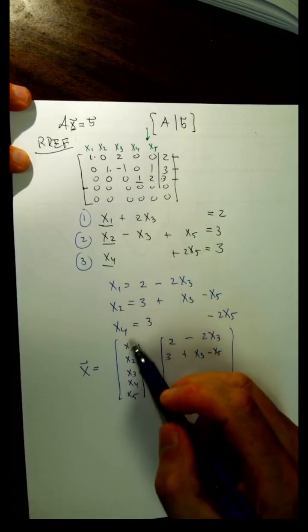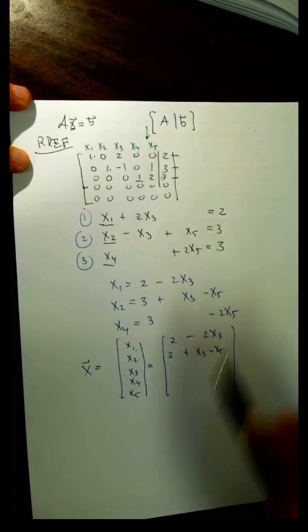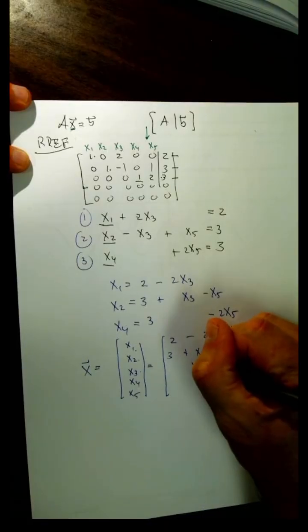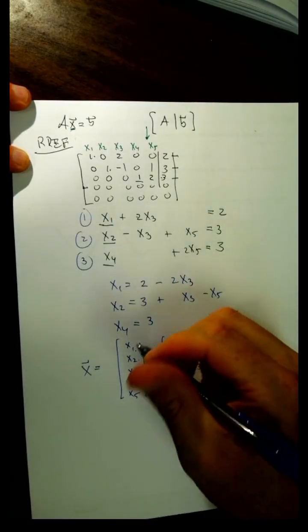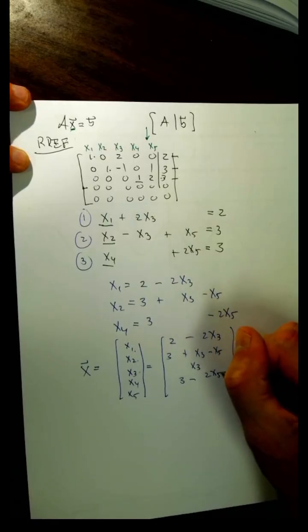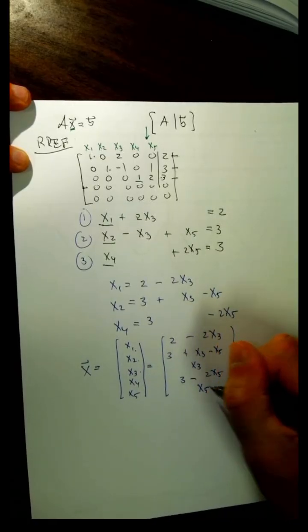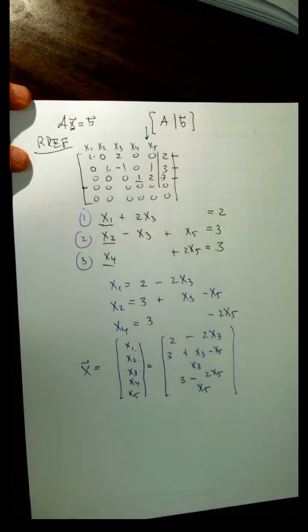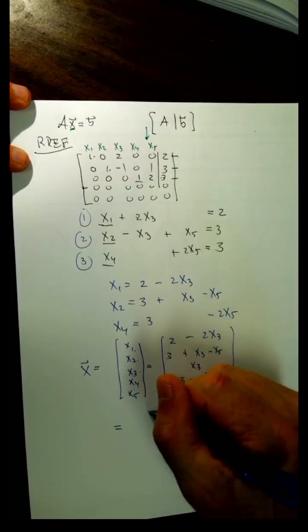Notice there's x3, there's no real restriction on there. Nothing says anything about what that should be. And then x4 is 3 minus 2x5. And x5, like x3, has no restriction on it.